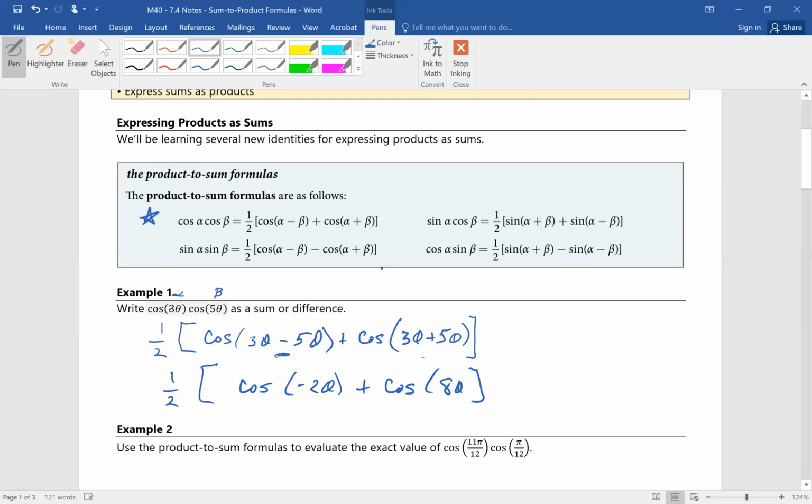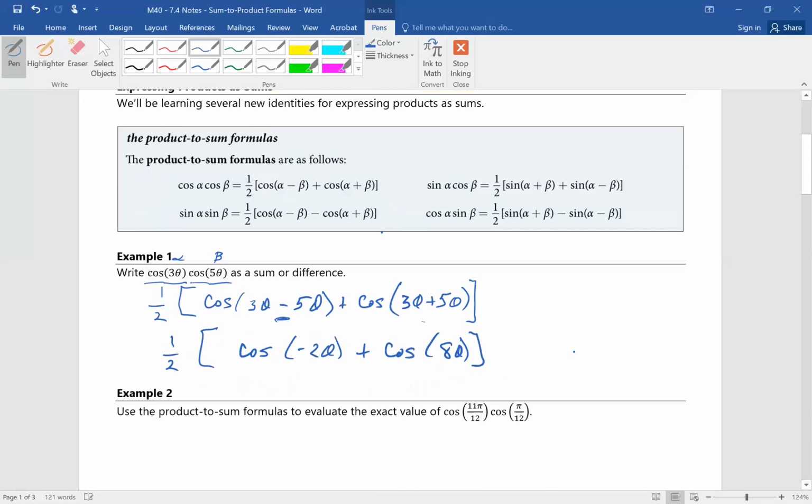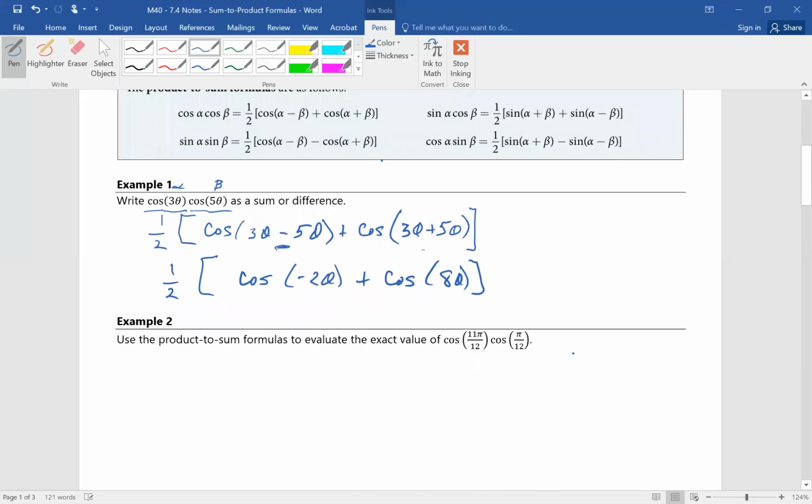And notice I only chose this starred formula here, in this case, because I had cosine times another cosine. Once you're that far, you could push the 1/2 through, but there's no need. It's not going to benefit you one bit. So when that's all you can do, you just leave it. You're done.